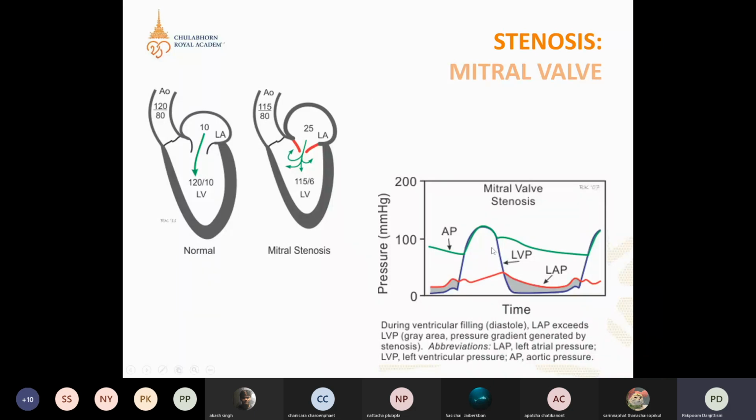Let's take a look at the graph over here. Okay, just imagine again, the mitral valve stenosis will impact the diastolic phase, right? So you have to go to the diastolic phase over here. You already know that at this point of the dicrotic notch, the aortic valve is closed, right?